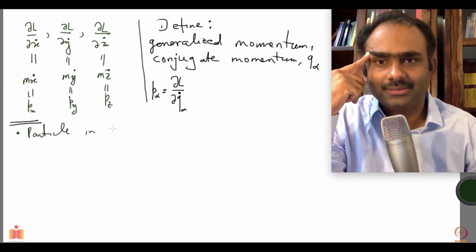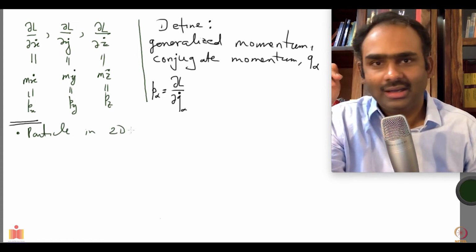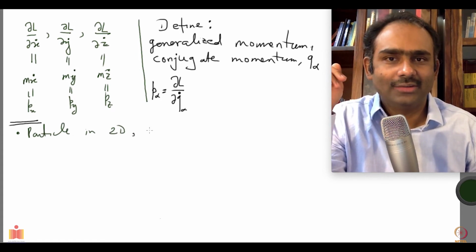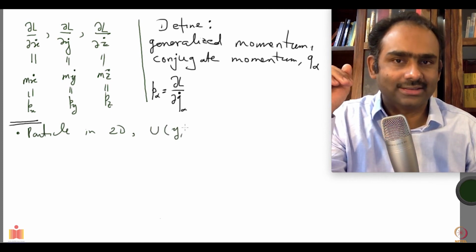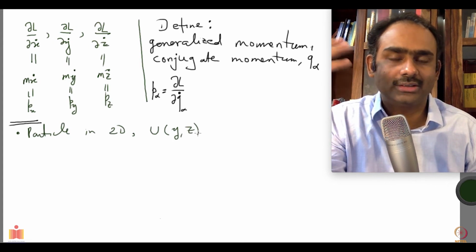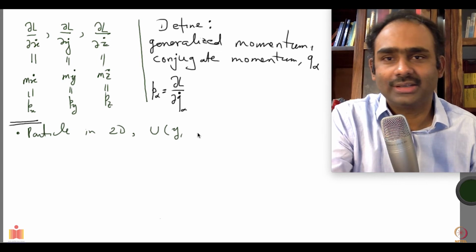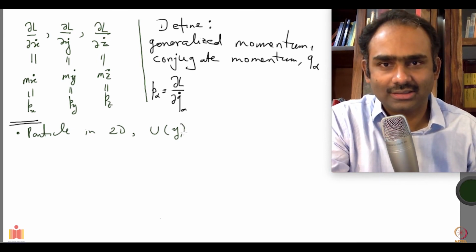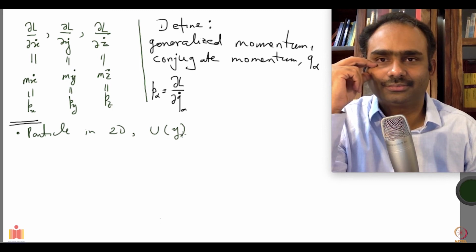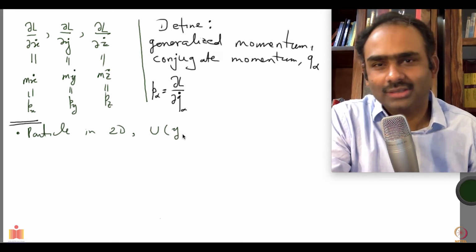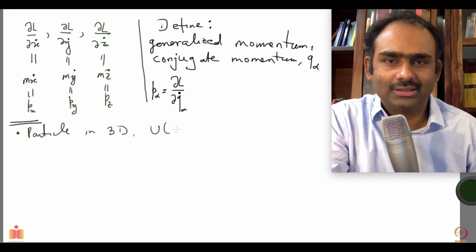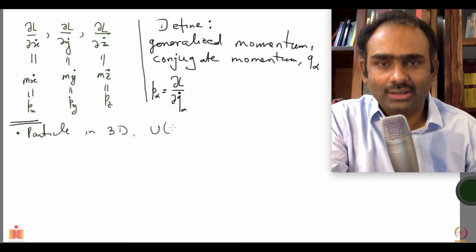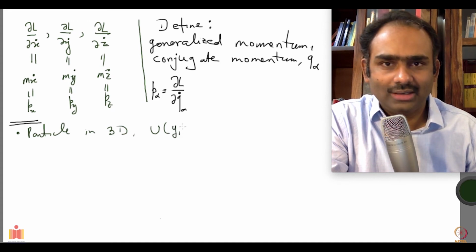Sorry, I said it is moving in the xy plane, but let's say we take a particle in 3D, with a force given by a scalar potential, and this time I take the scalar potential to depend only on y and z.